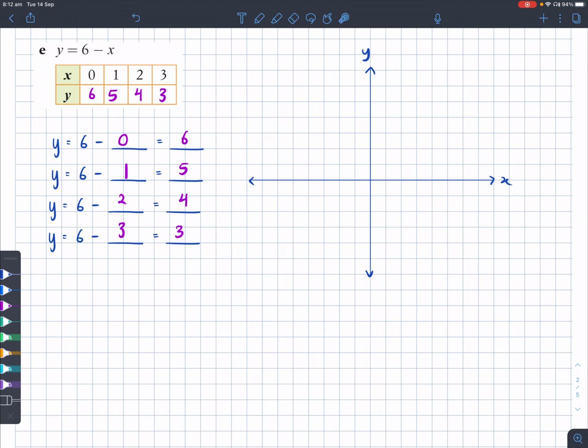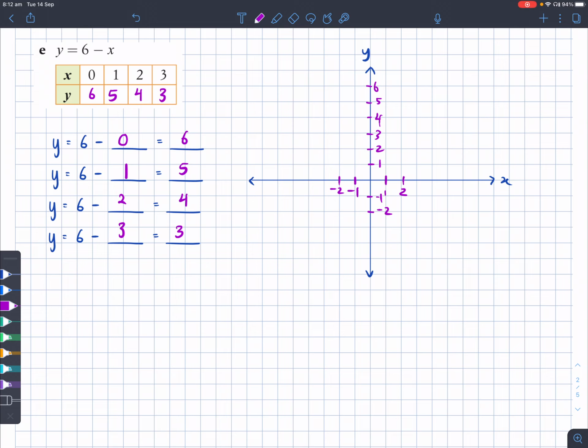And we start plotting out our coordinates. So 0, 6 is our first value. But first of all, let's just put down a few points. So there's 1 and 2 on the right, negative 1, negative 2 on the left, negative 1, negative 2 on the bottom here. And we need this to go up to the number 6, right there.